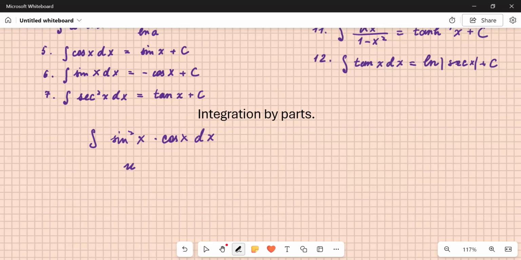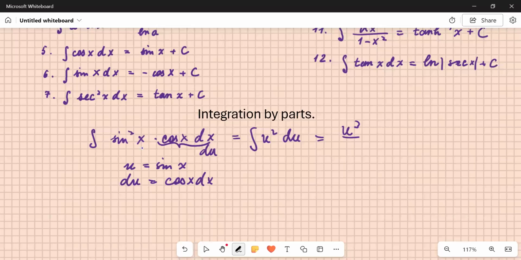You can set u equals sine of x, then du is going to be cosine of x dx. So this is basically your du, and this is u squared. So you have u squared du, and eventually you integrate this, just a power function, u cubed over 3 plus a constant, or you go back to sine, and it's going to be sine cubed of x over 3 plus a constant.